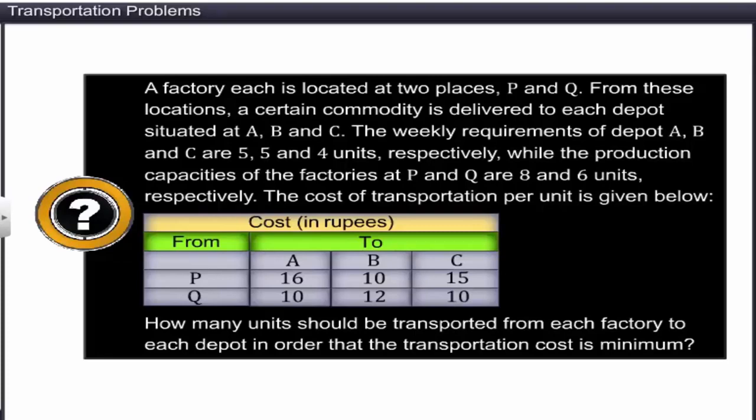The cost of transportation per unit is shown in the table. How many units should be transported from each factory to each depot in order that the transportation cost is minimum?